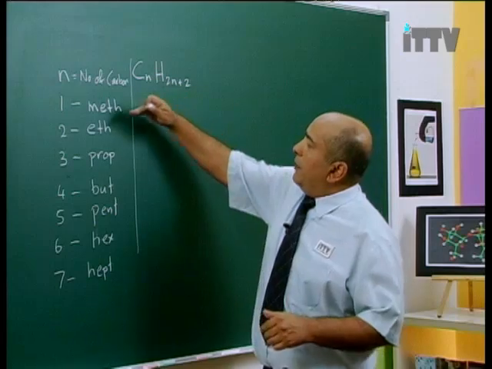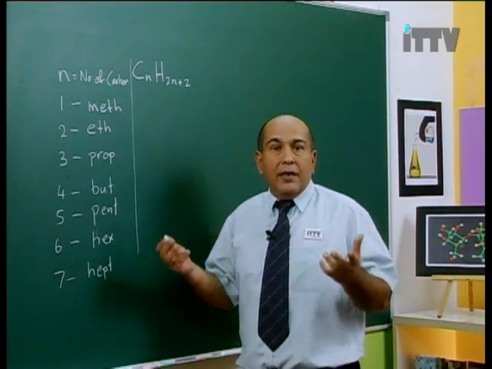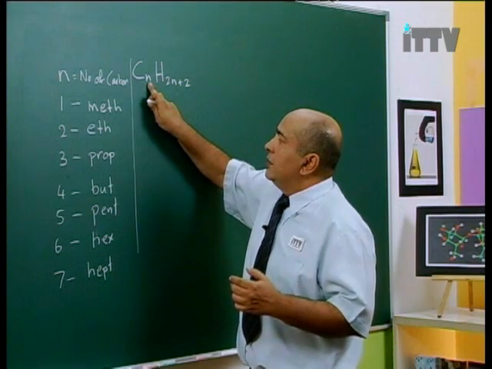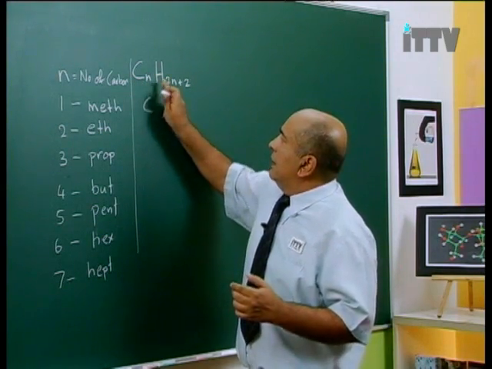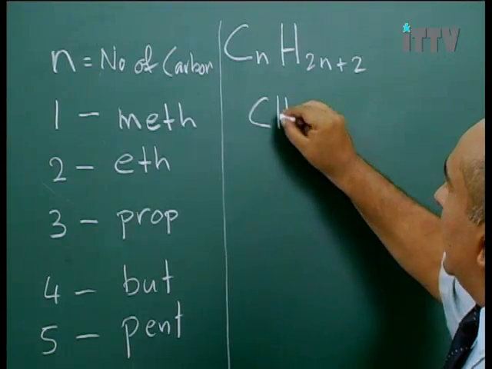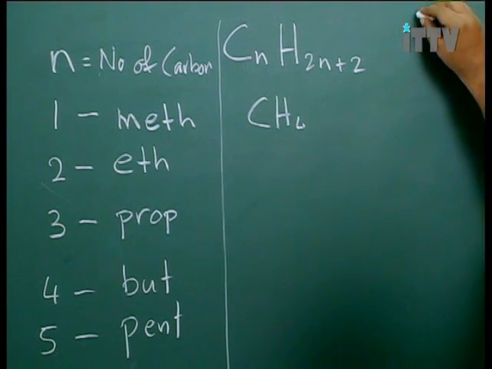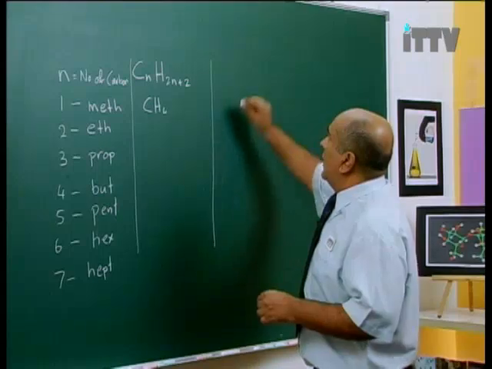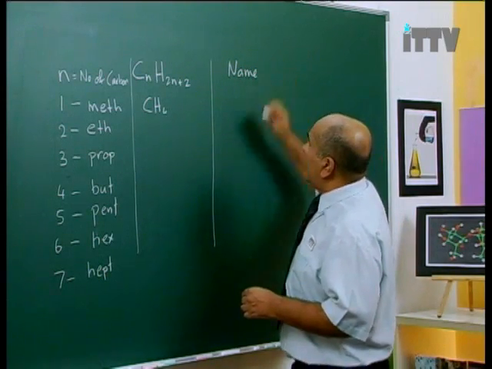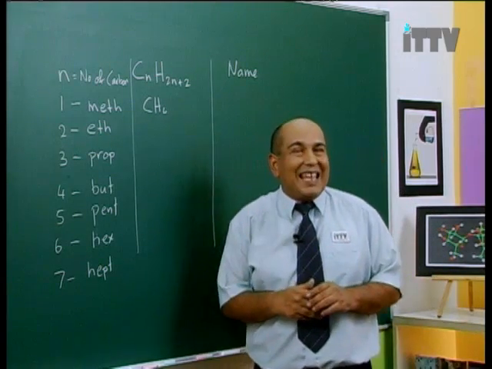So, when you apply this to the formula, the number of carbons is 1. You then have to use the formula C1, so C times 1, which gives you C. H, 2 times 1 is 2, plus 2 gives you the formula CH4. Now, when we name it, so let's put another line in here, and now put down the name on this side. When we name it, we'll always start with the fact that we're doing alkanes.